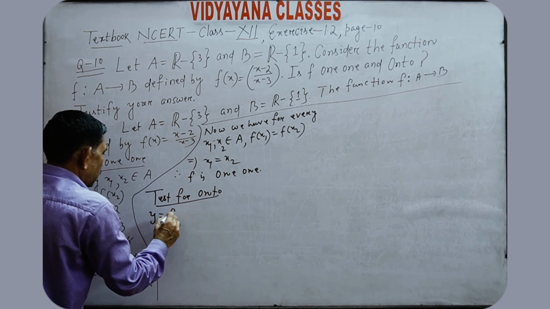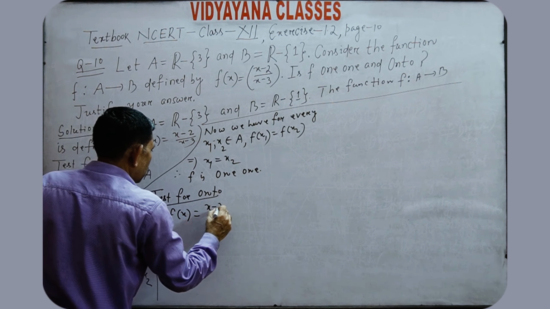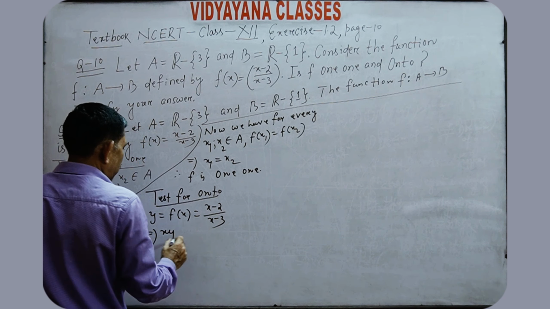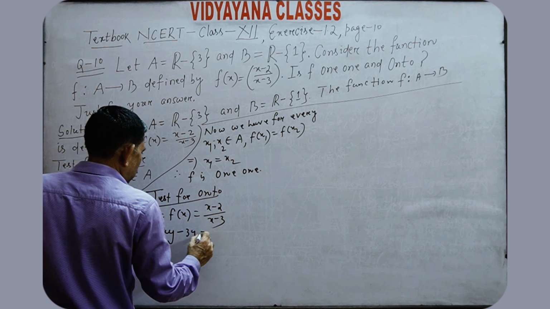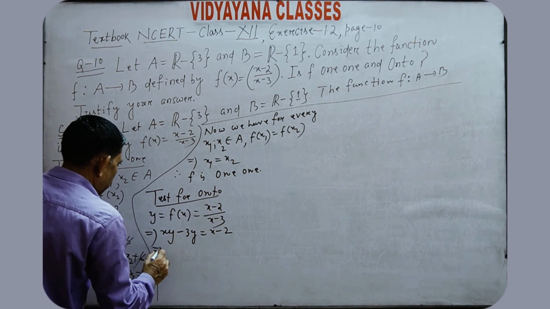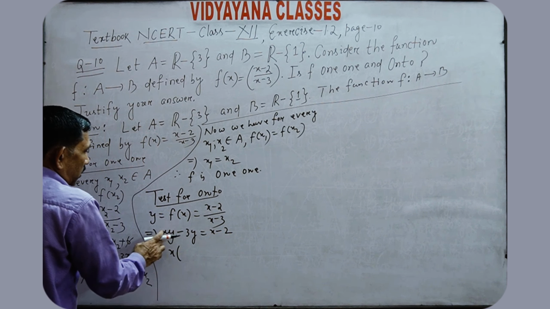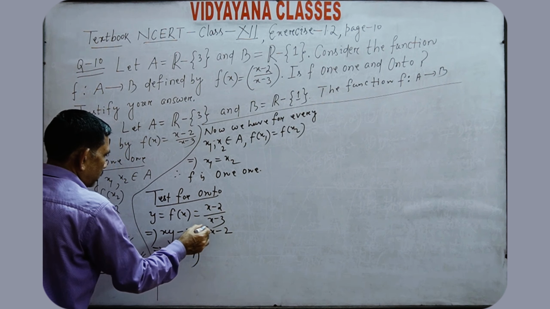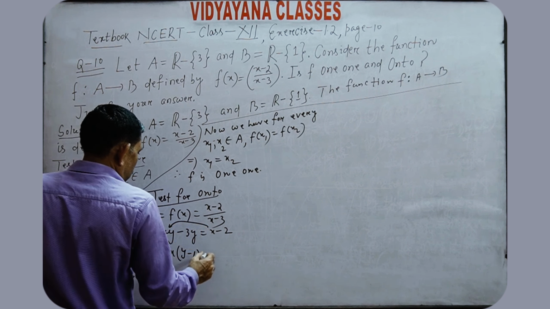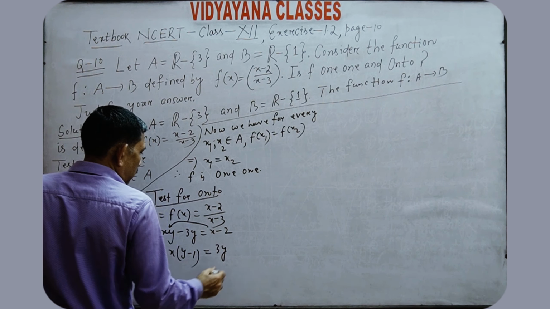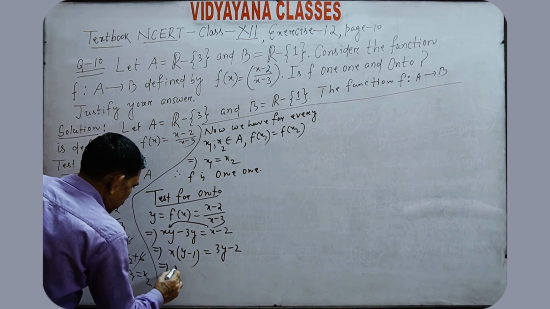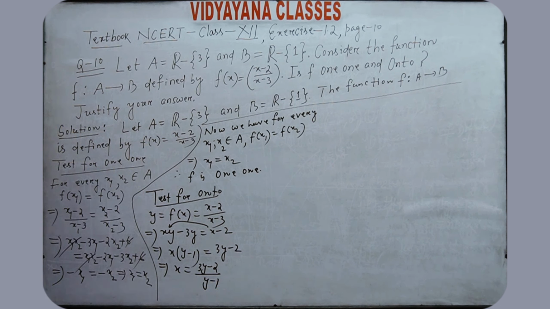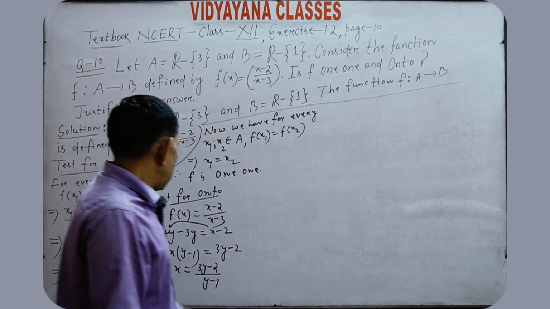Let y is equal to f(x) is equal to (x minus 2) divided by (x minus 3), which implies xy minus 3y is equal to x minus 2, which implies xy minus x is equal to 3y minus 2, that is x(y minus 1) is equal to 3y minus 2, which implies x is equal to (3y minus 2) divided by (y minus 1).